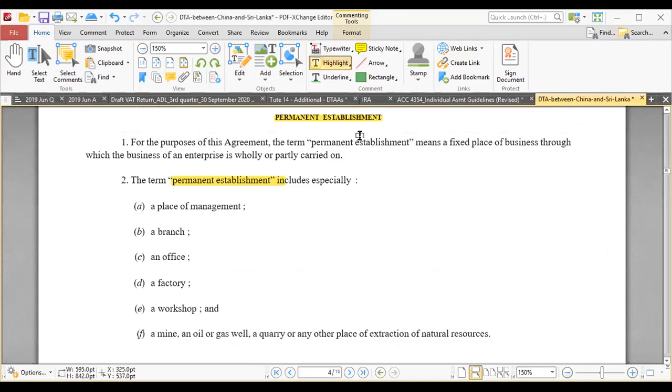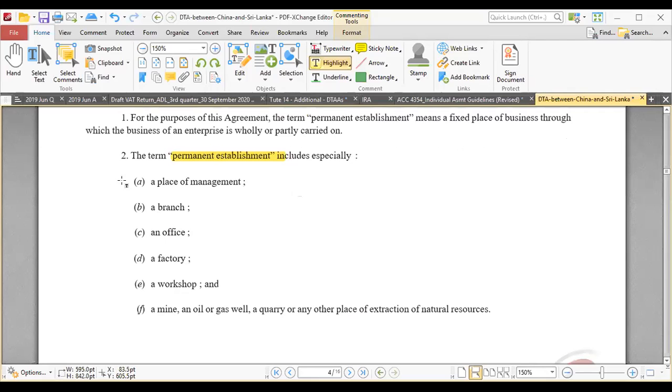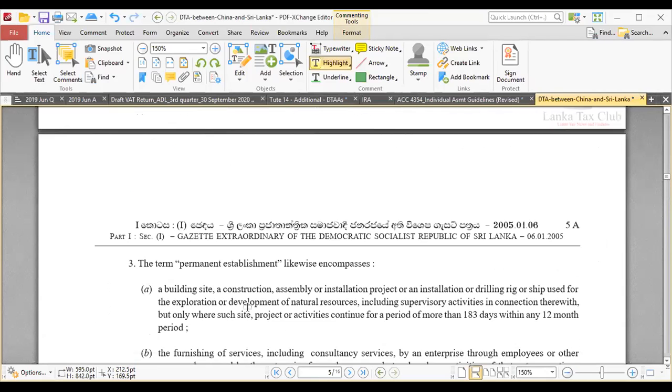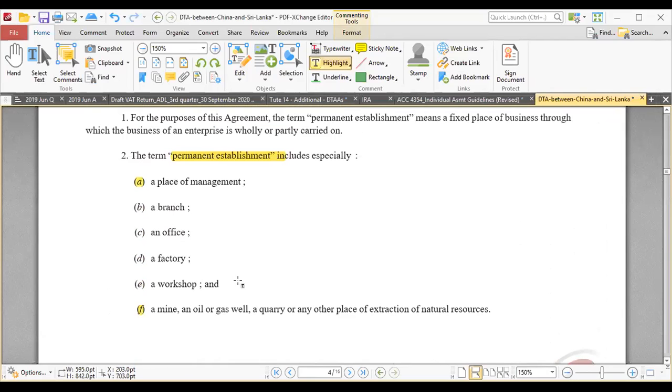Normally, permanent establishment means a fixed place of business through which the business of an enterprise is wholly or partly carried on, which includes A to F. A to F items are basically fixed base.